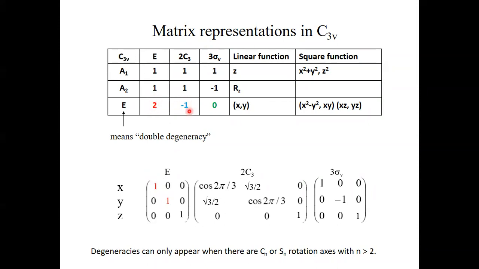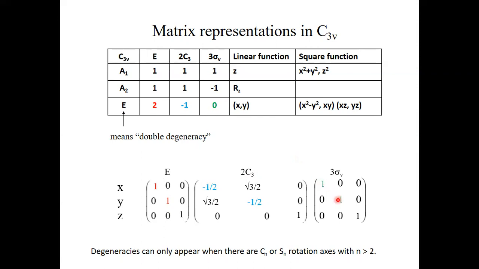So now how to explain this -1 here? Well, for a C3 symmetry operation, the characters on the trace of the matrix are -1/2 and -1/2. And 2 times -1/2, well, this is just -1. And then this 0 is the sum of this one and that -1.